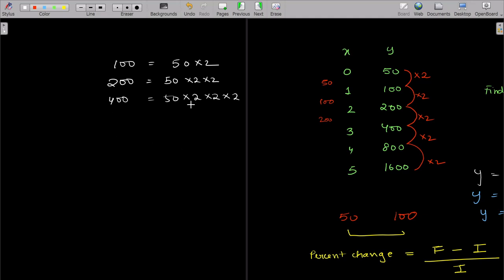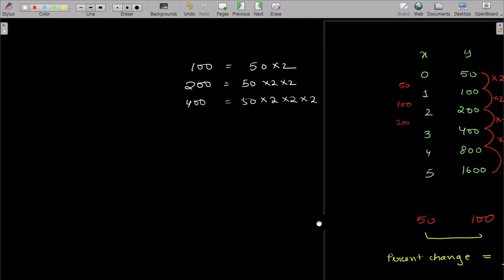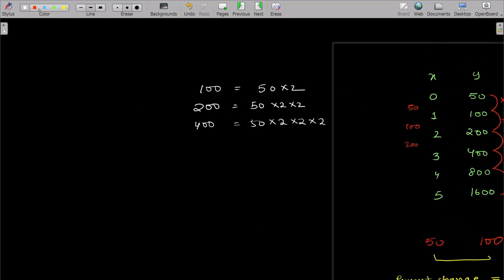Exactly. Now if we see the pattern, this is 50 times 2 raised to 1, this is 50 times 2 raised to 2, this is 50 times 2 raised to 3, right?